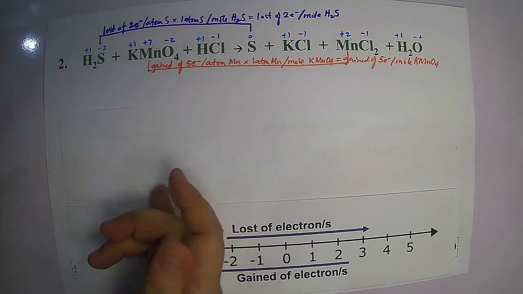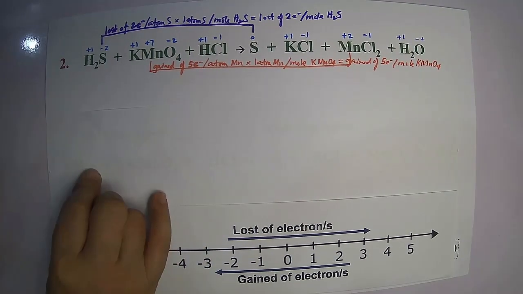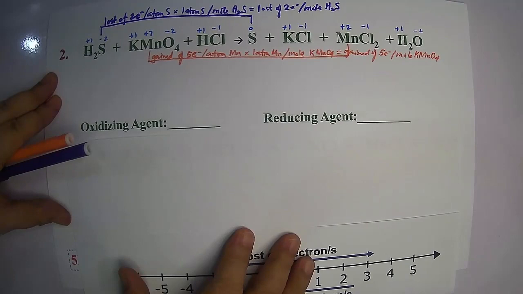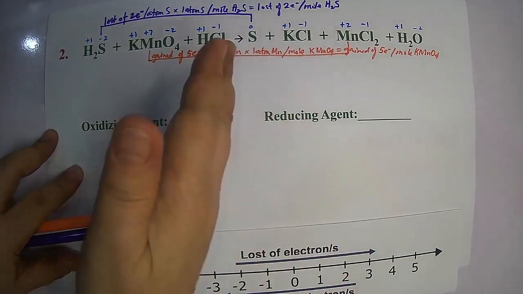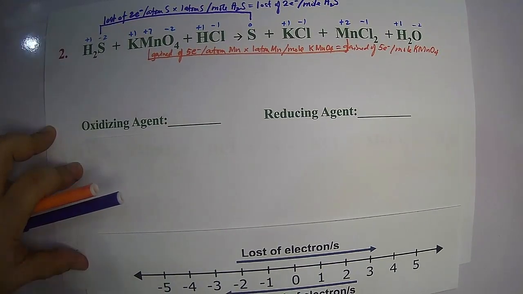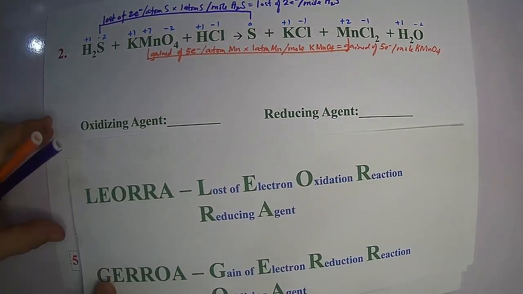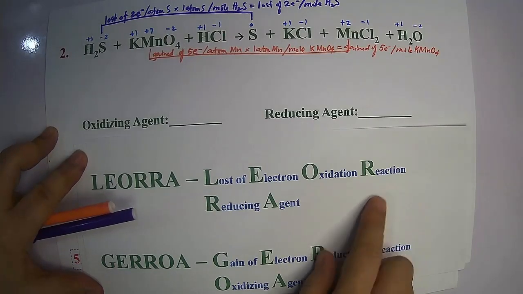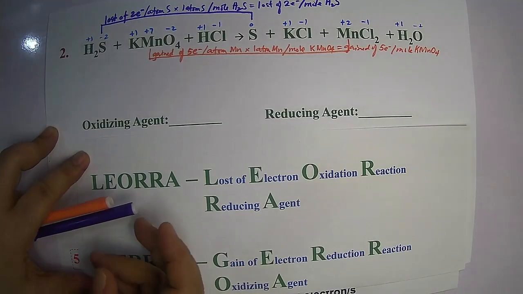Now that we have identified the two elements that lost and gained electrons, first we identify your oxidizing agent and reducing agent. Again, the oxidizing and reducing agents are found on the reactant side. Using our cue card, when you lose electrons, you undergo oxidation, and that is the reducing agent.